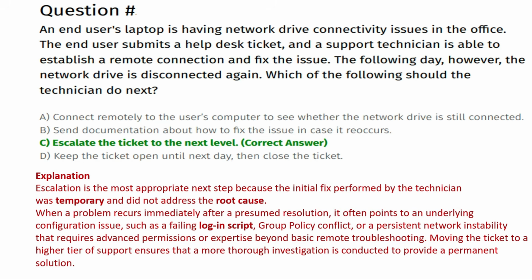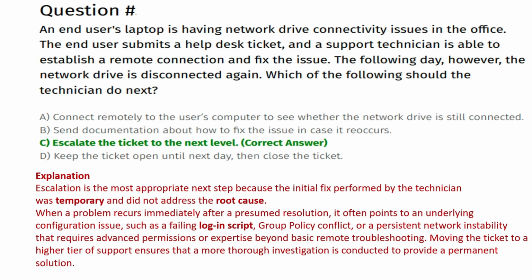So let's check the explanation. So escalation is the most appropriate next step because the initial fix performed by the technician was temporary and did not address the root cause. When a problem recurs immediately after a presumed resolution, it often points to an underlying configuration issue, such as a failing login script, group policy conflict, or persistent network instability that requires advanced permissions or expertise beyond basic remote troubleshooting.